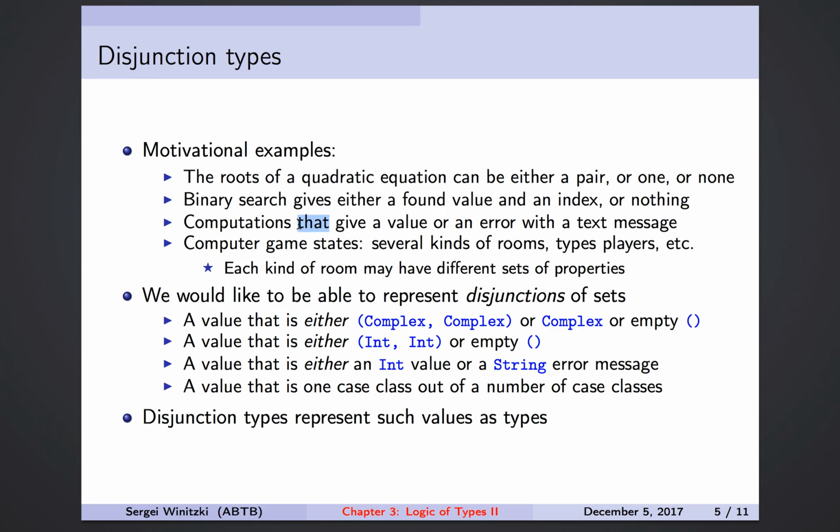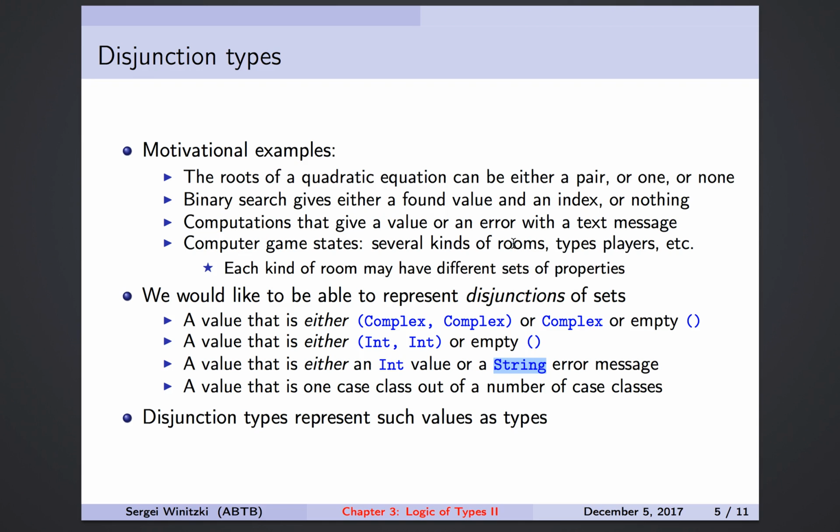The third example is a computation that gives you either a value or a string. And the fourth example is basically a case class, so each room or player would be represented by a case class with many properties, but different kinds of players or rooms will have different sets of properties.